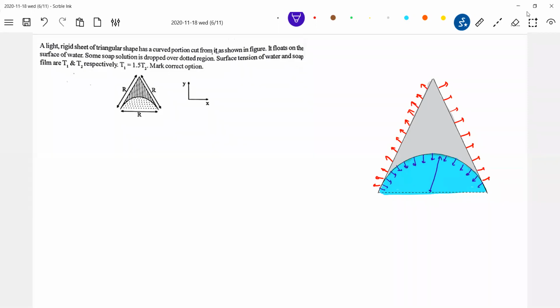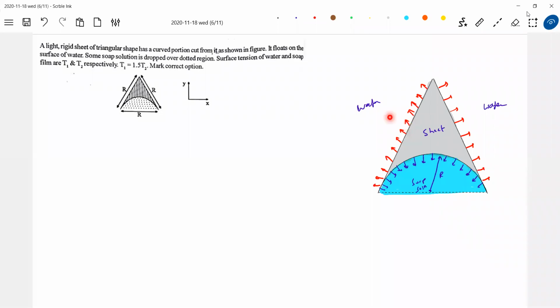This will be the radius r. Soap solution here, water here, water here. There's a triangular shape, a sheet. Don't show vertical, it is lying on the surface. The molecules present here will try to pull the sheet like this, and the molecules present here will try to pull here. Okay, there's no problem with this force, no?